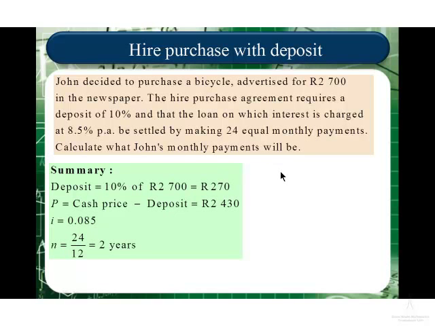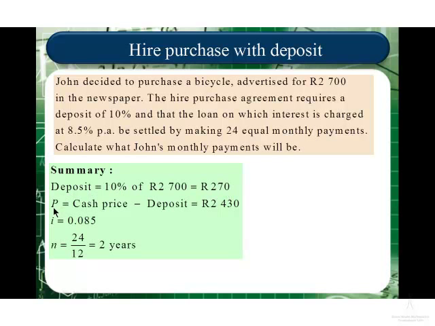Now let's summarize the information that applies in this particular case. First of all, it's important to note that a deposit of 10% of the total amount, or the purchase price of the bicycle, 2,700 Rand, must be paid. Now, of course, this amounts to 270 Rand for this particular deposit.